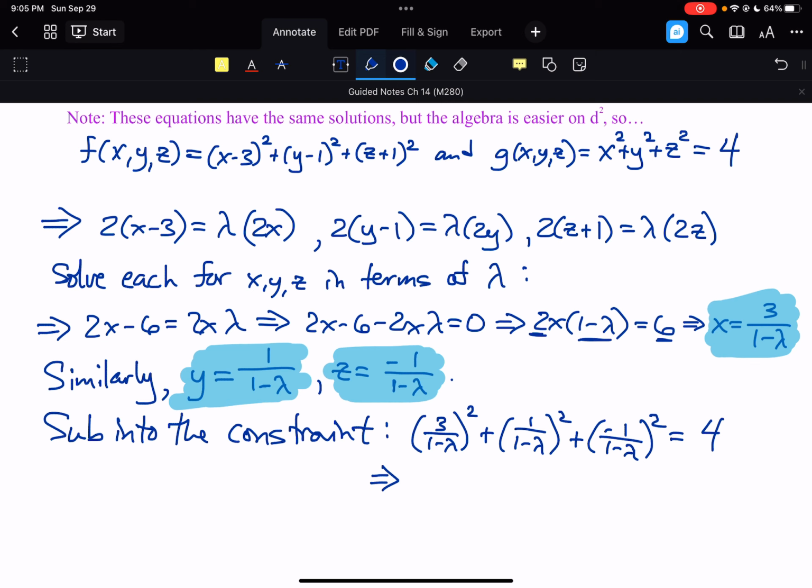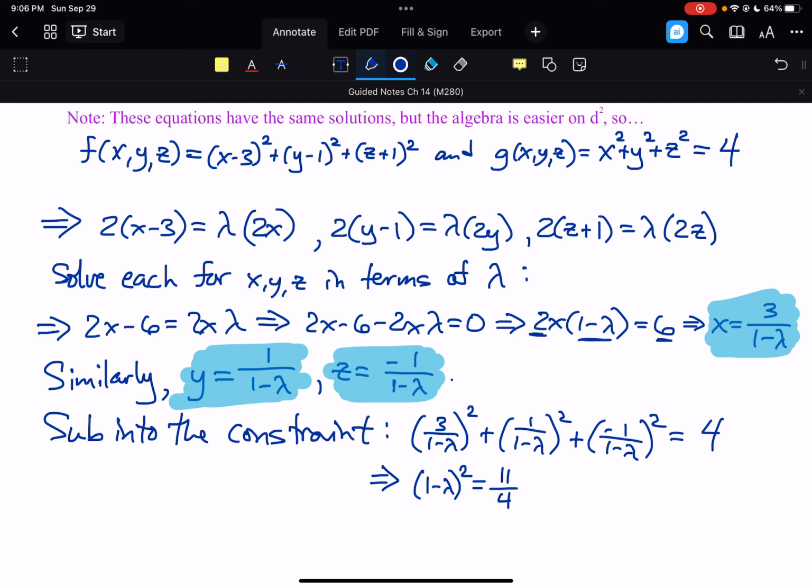If we square everything out, multiply everything through by (1 minus lambda) squared to clear out these denominators, we end up getting (1 minus lambda) squared equals 11 over 4. Okay, because that gives us 9, 1, and 1. So that's the 11. This multiplies over, divide the 4 under. So a little bit of algebra I'm skipping over for the sake of time.